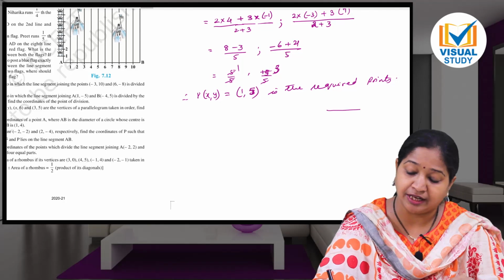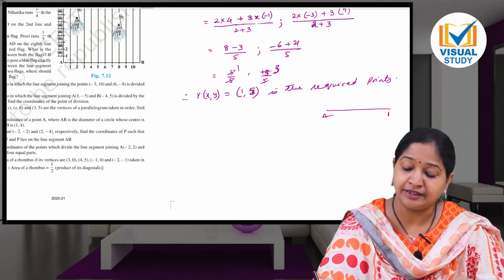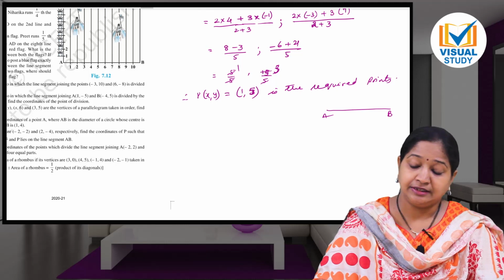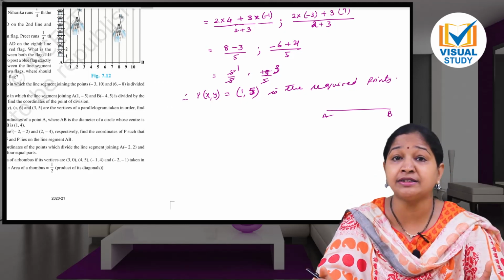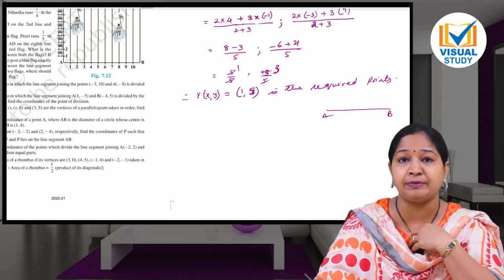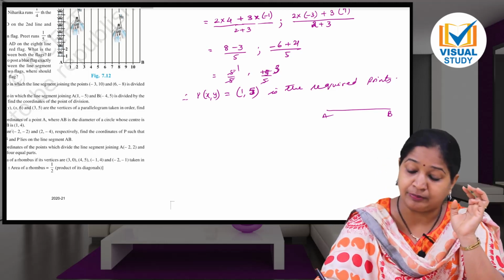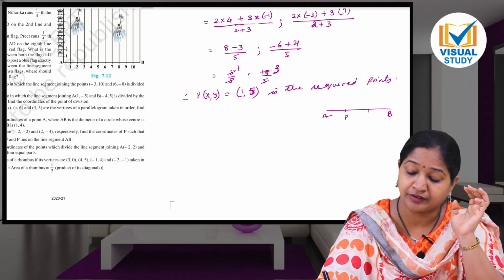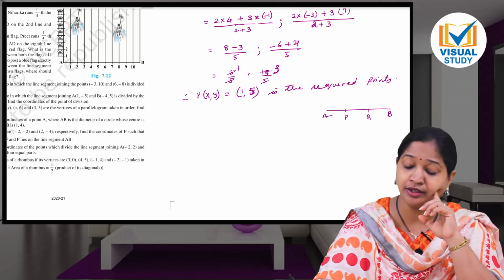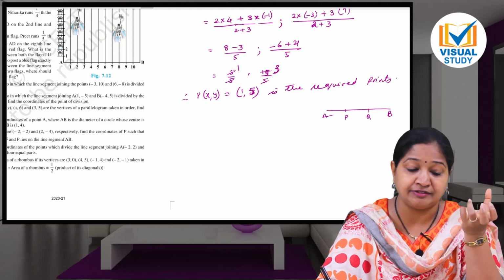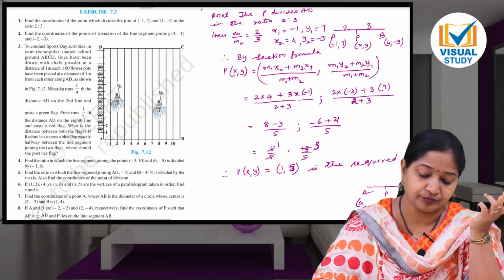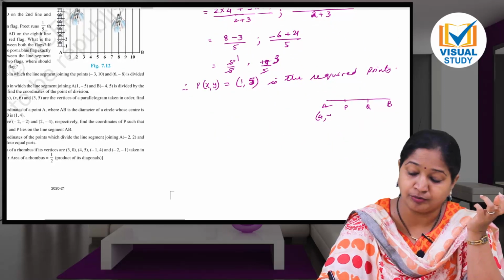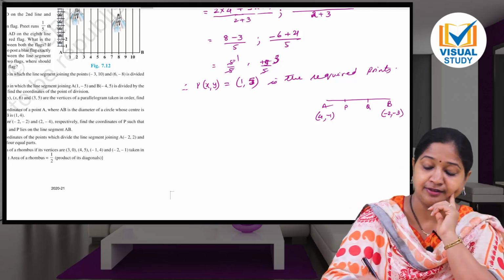That means if a line segment AB is divided into 3 equal parts, that is P and I'll write it Q. So A is 4, -1 and B is -2 and -3.